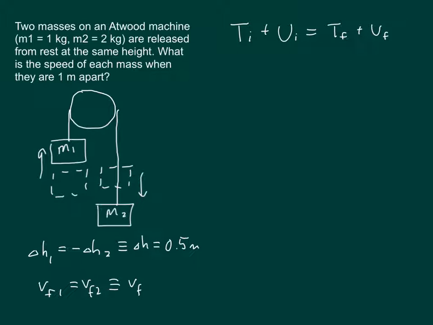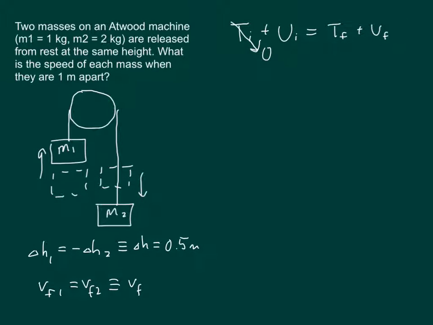So we could write down that the initial kinetic energy, T sub I, plus the initial gravitational potential energy, U sub I, is equal to the final kinetic plus the final gravitational potential energy. And since both masses start from rest, we could say that T sub I is 0.